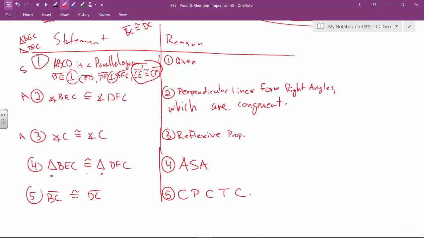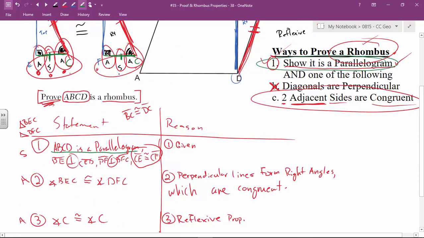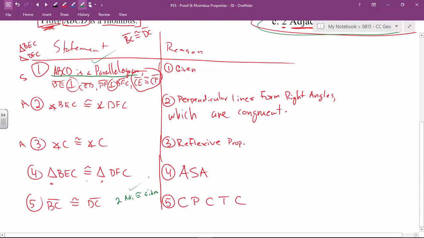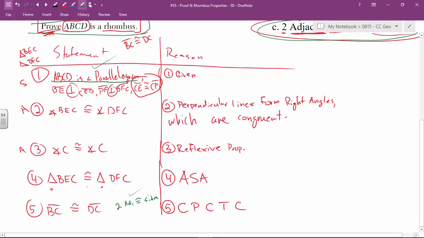So now that I've said that, I've got my two adjacent congruent sides, and I've got my parallelogram. I needed to show it's a parallelogram, that was achieved in the given, and I needed to show two adjacent sides are congruent, and that was achieved right there. Now I'm allowed to say that the thing you wanted me to prove, a rhombus, is a rhombus.